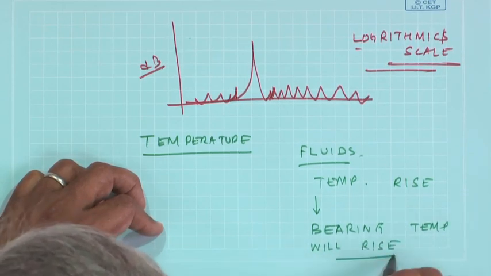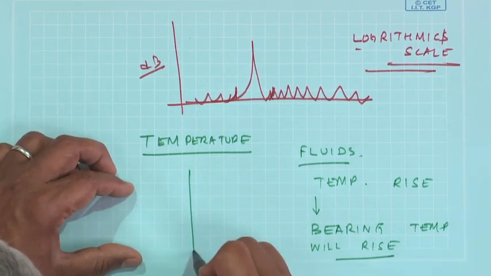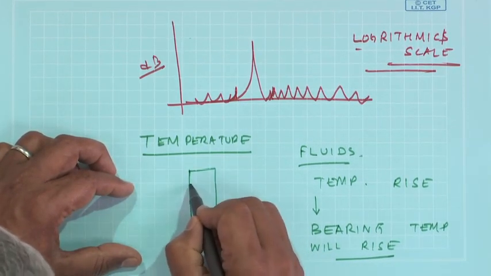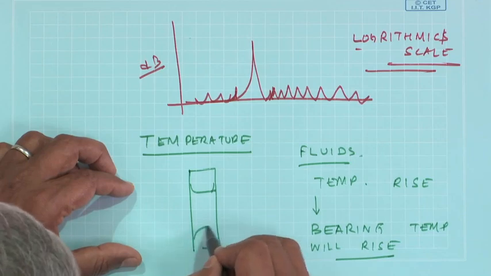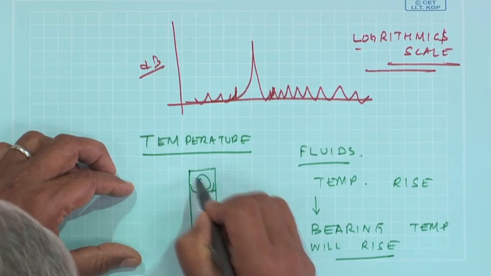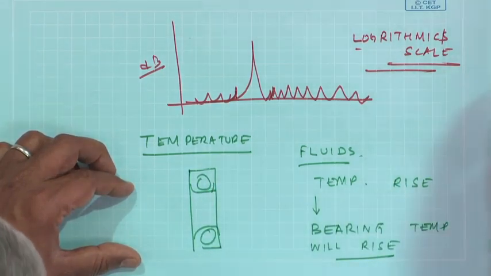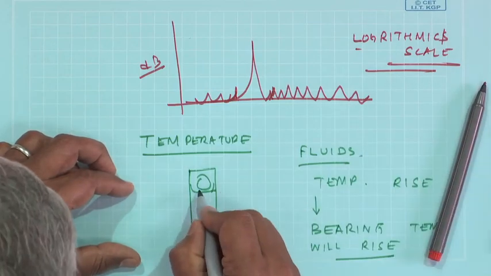Now, if bearing temperature rises, what happens? I had told you that in these bearings, there are certain races on which there are rolling elements, and then there is a layer of lubricant.